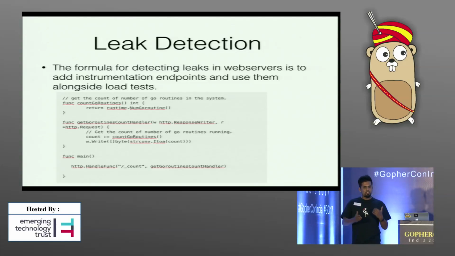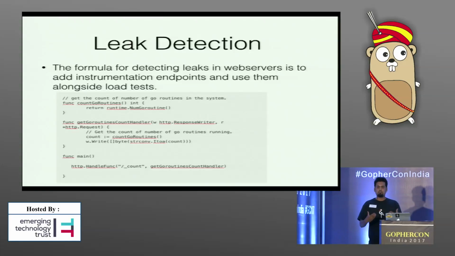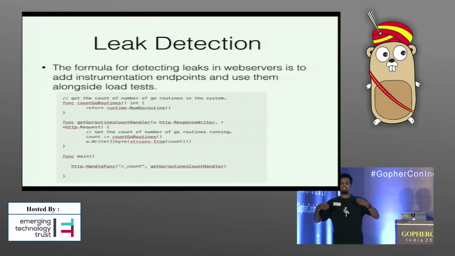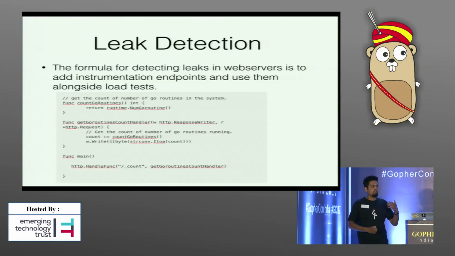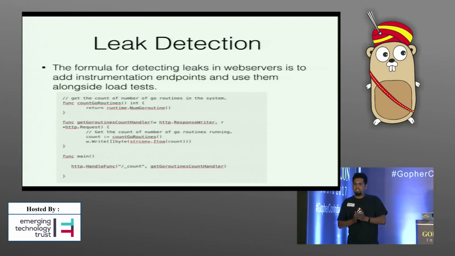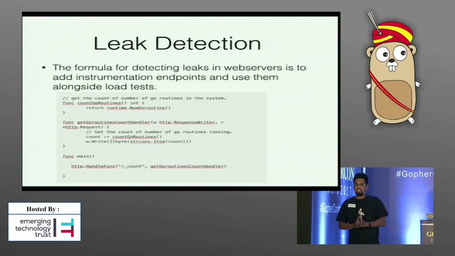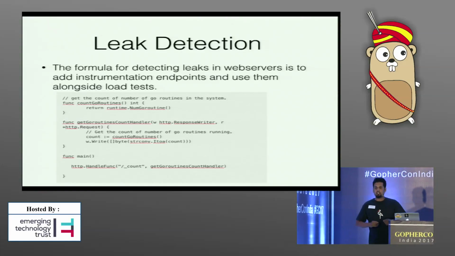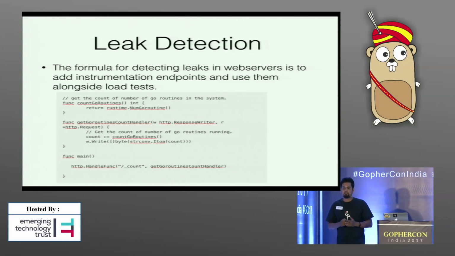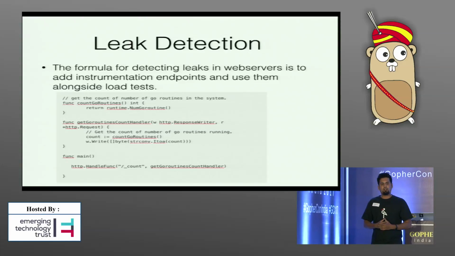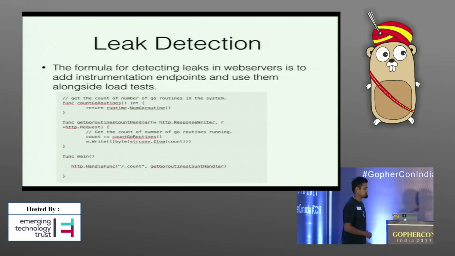So before you put your endpoints, your web services, into production, run a very simple load test. Let's say send 50 concurrent HTTP requests to your endpoint and check whether there is an unusual increase in the number of Go routines alive in the system. This is a very simple check which can help you understand whether these routines are accumulating indefinitely over a period of time.